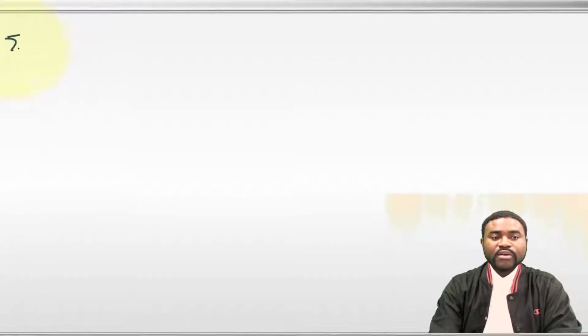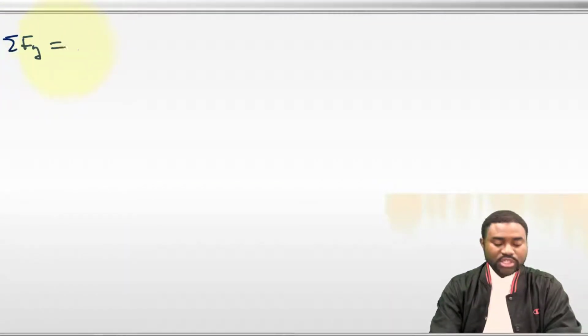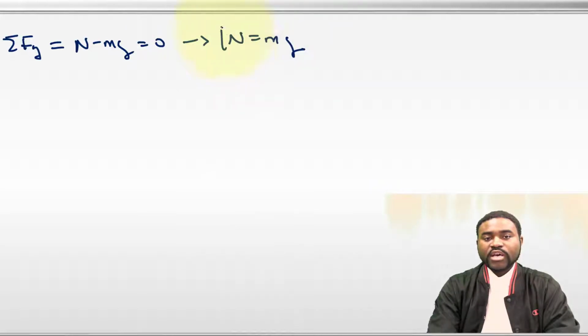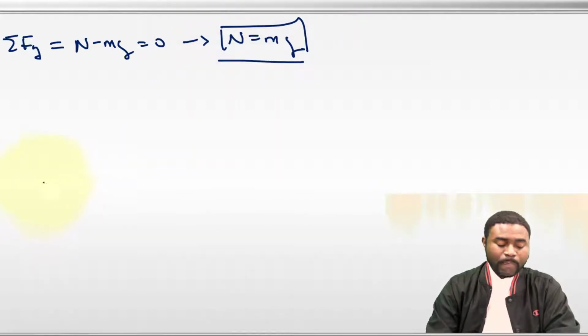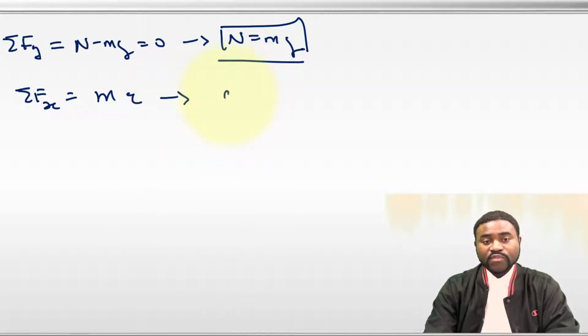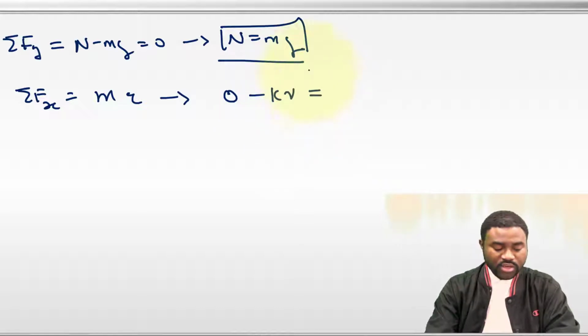Now, if we apply the forces in the y direction, we will have N minus mg equal to 0. This means that N is equal to mg. Now, if we apply the forces in the x direction, this is equal to ma, which implies that we have 0, there is no force in the forward direction, minus kv equal to ma.